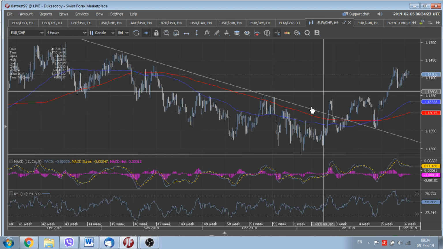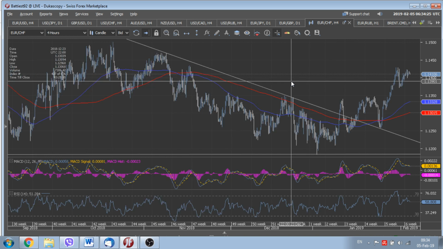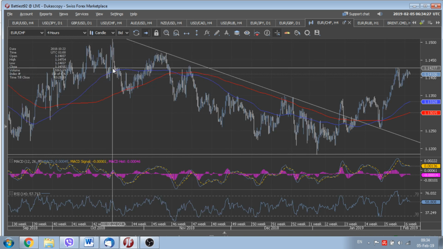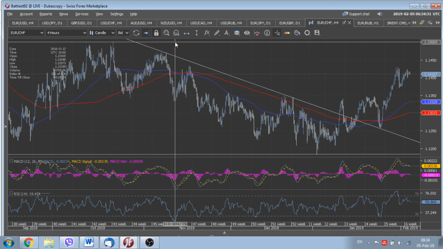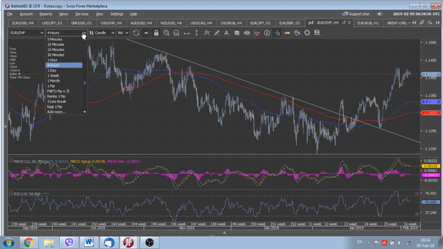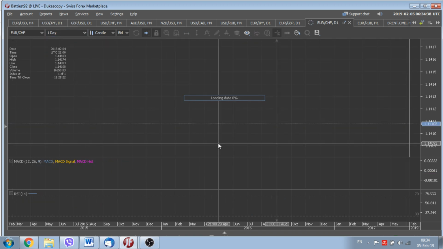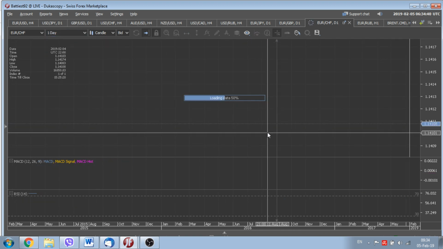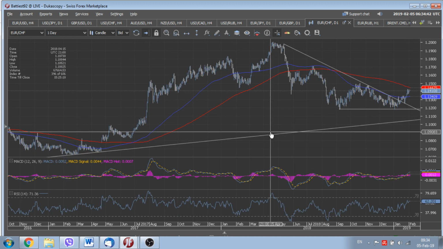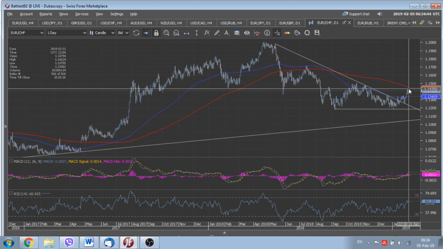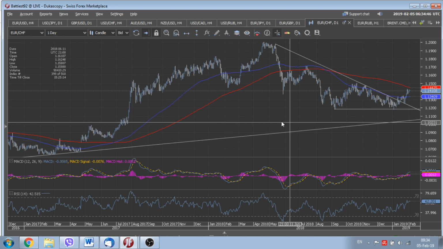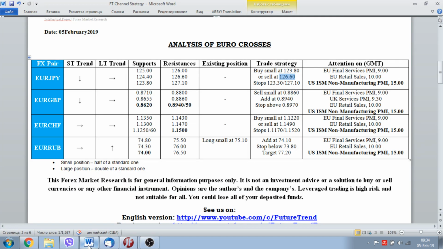As regarding the euro Swiss, there is an important barrier, as we suggest, of the highs of October 2018 located around 1.15, and also here we will try a short position in the euro Swiss, despite the fact that, for example, the 200 daily moving average is located a little bit lower at 1.1447. At the moment, that's all.